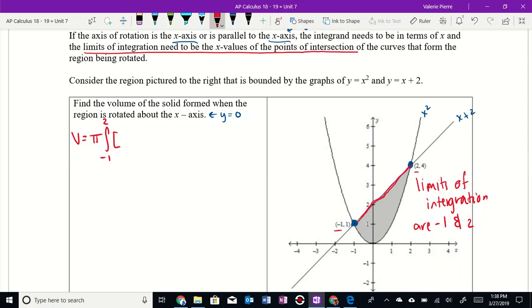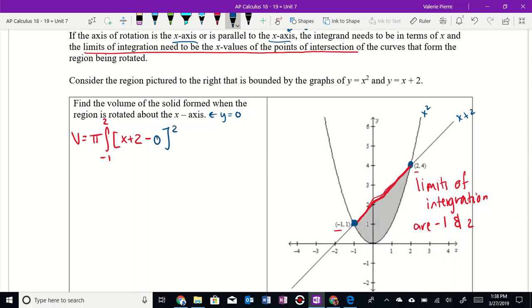This comes from our video from last night where we looked at the area between two curves. The upper function is x plus 2, and we're going to subtract from that our axis of rotation, y equals 0, squared.